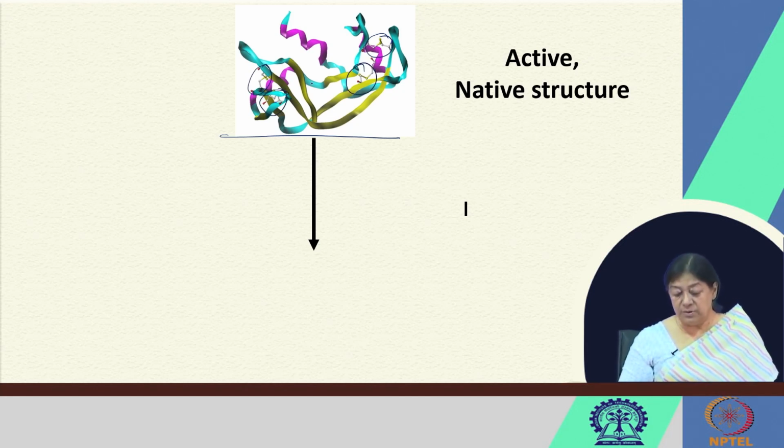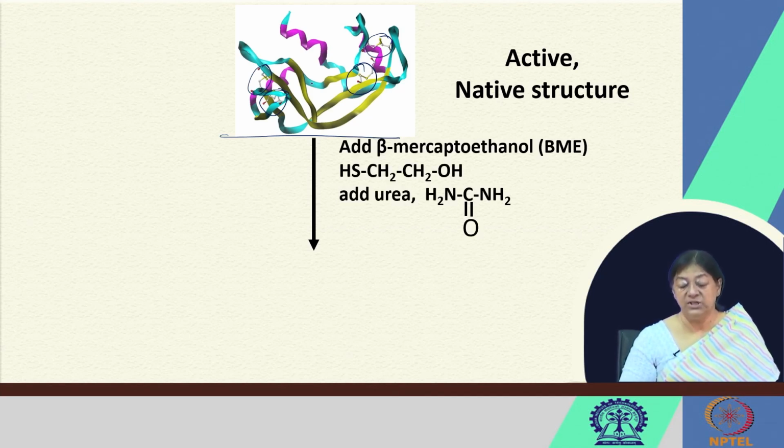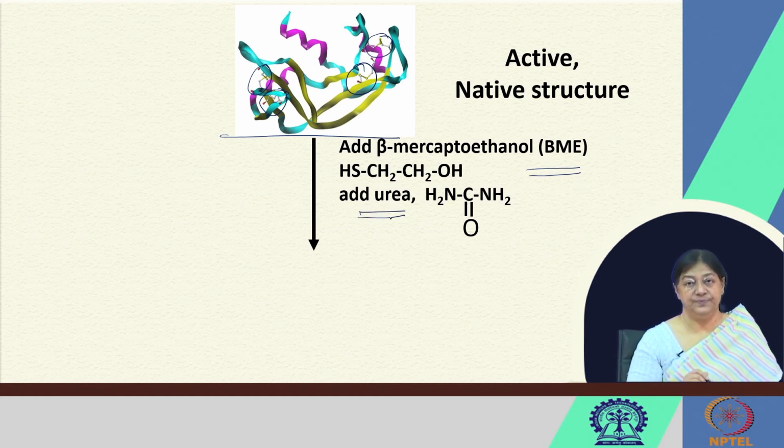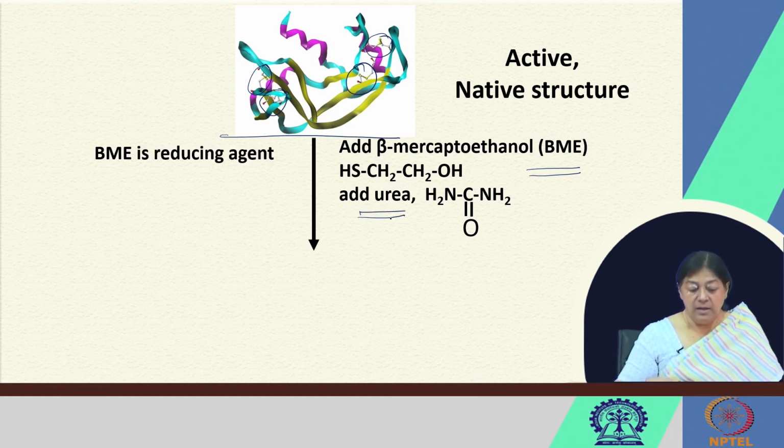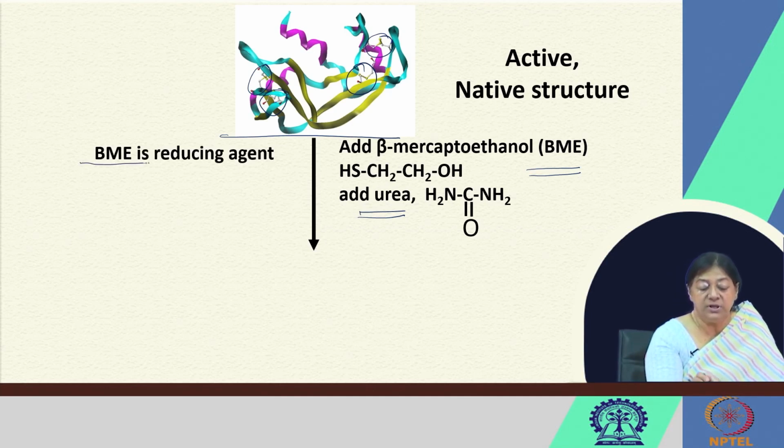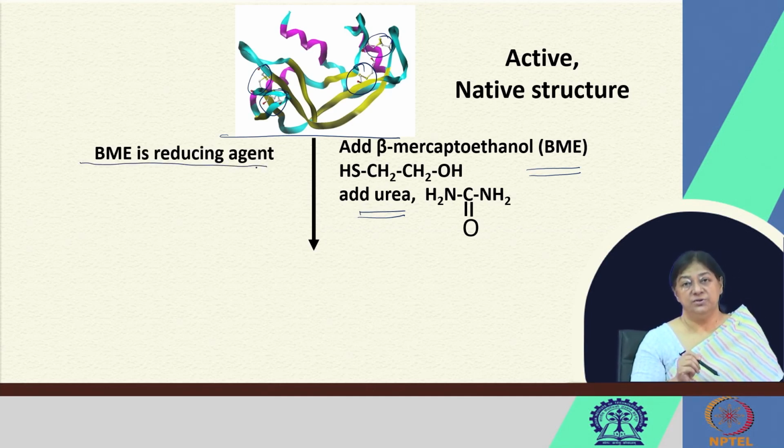Now, the experiment went as such that beta mercaptoethanol was added to the protein and urea was added to the protein. Why? Beta mercaptoethanol is a reducing agent. In the reduction process, what is happening?